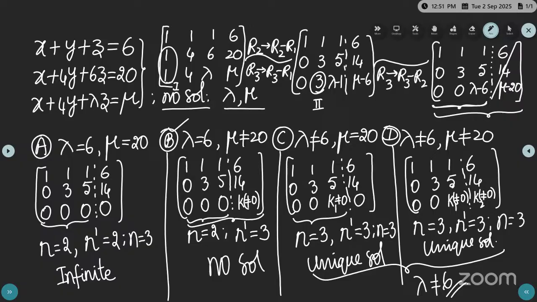Write the note first: irrespective of the value of mu, the system has a unique solution when lambda not equal to 6. Have you written? Oh, you are having more energy. I think you may sit without lunch up to 4 o'clock. So you are supposed to be here by 1:40.